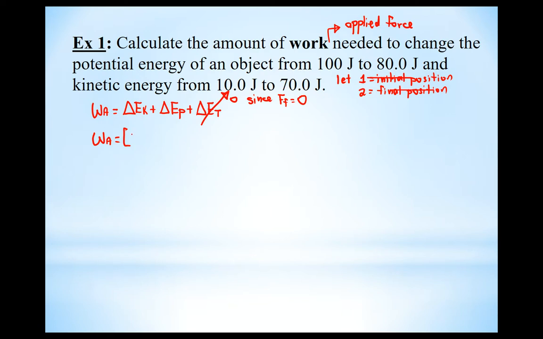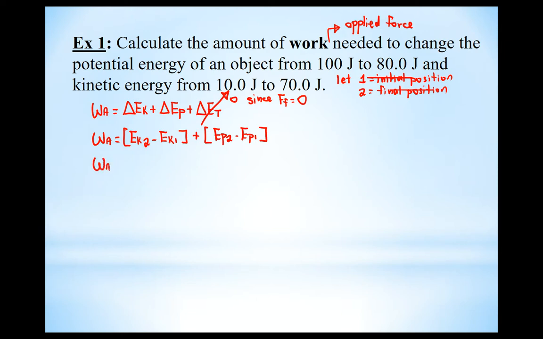So delta EK would be EK2 minus EK1 plus delta EP would be EP2 minus EP1. And now we can just plug numbers into the equation to solve it.